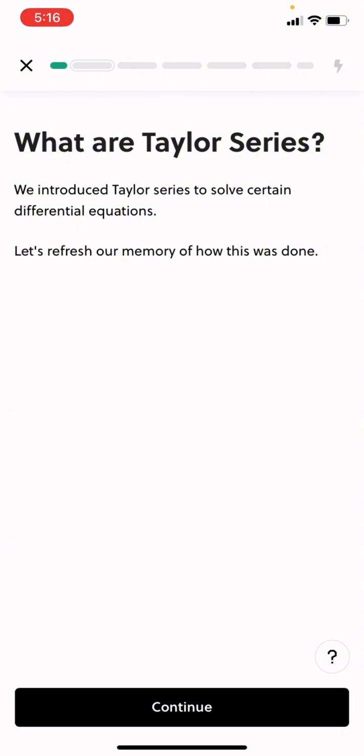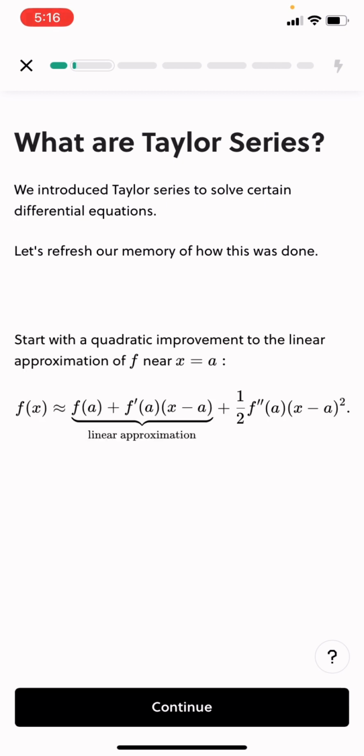So we did learn this, but it was just a little bit about the basics of it, not using it in every single equation. Starting with a quadratic improvement to the linear equation of f near x equals a.